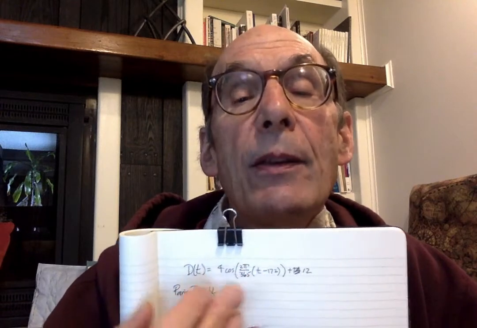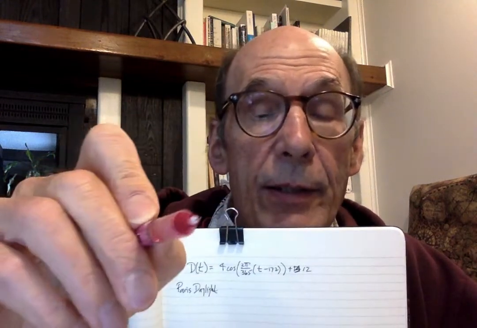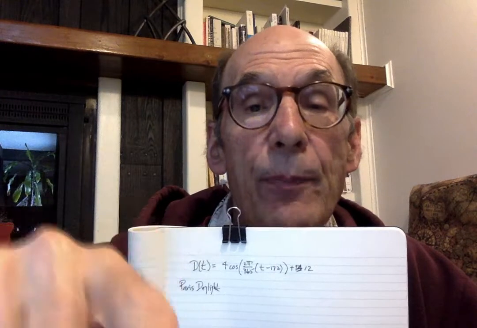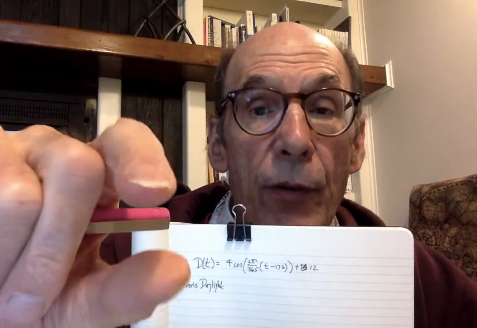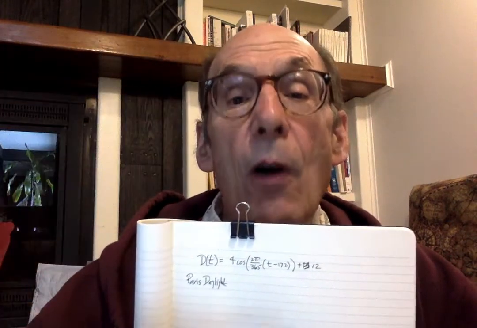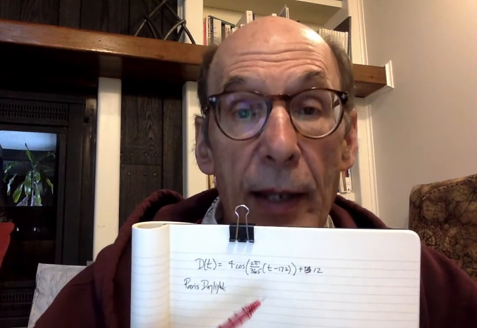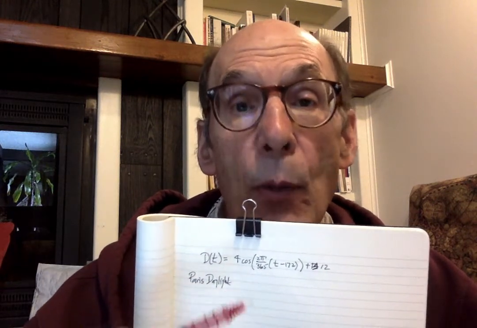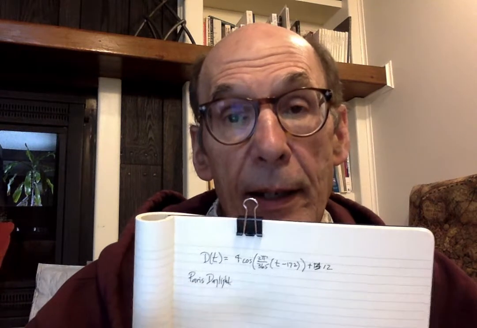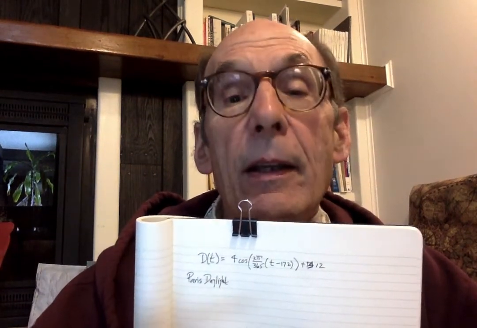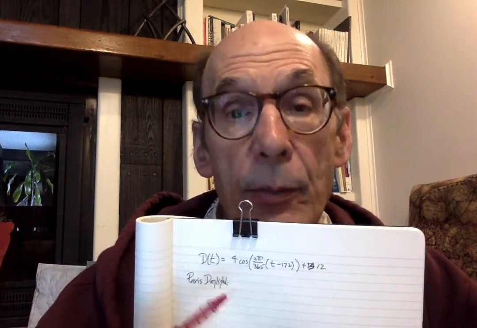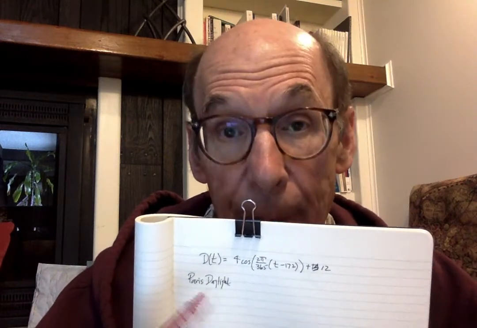The tricks are horizontal translation, horizontal shrink, vertical translation, vertical shrink, and those have all been applied here to make this fit and make sense as far as what the hours of daylight in Paris really ought to look like. So to me, this looks like a plausible model, and let me tell you why.